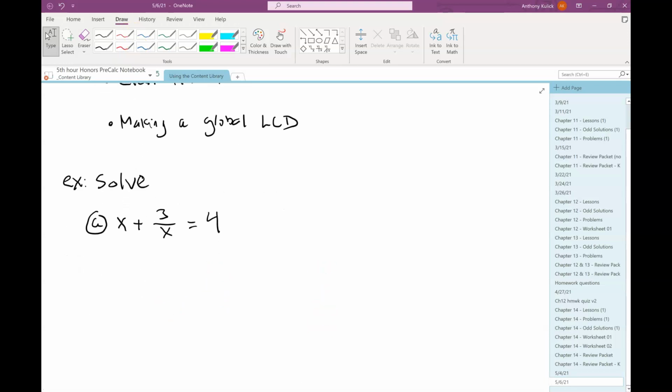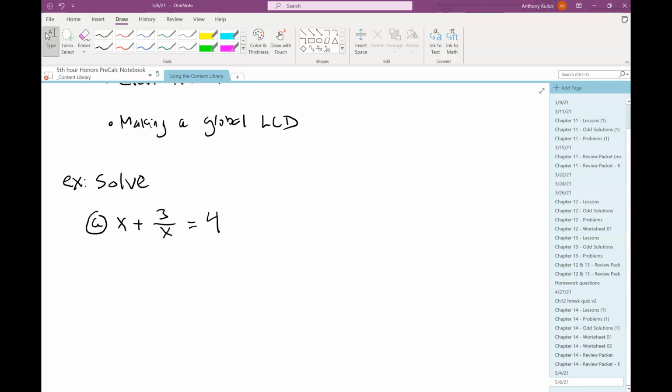I'm going to do all of these by clearing fractions because I think it's the most appropriate technique for these. But if some of you are like, yo, I used to do it this way, is that still okay? It probably was. If you're concerned, you can always come and ask me about it. We can walk through the pros and cons of what you're doing, or even whether it's appropriate or not. I'm happy to do that kind of thing.